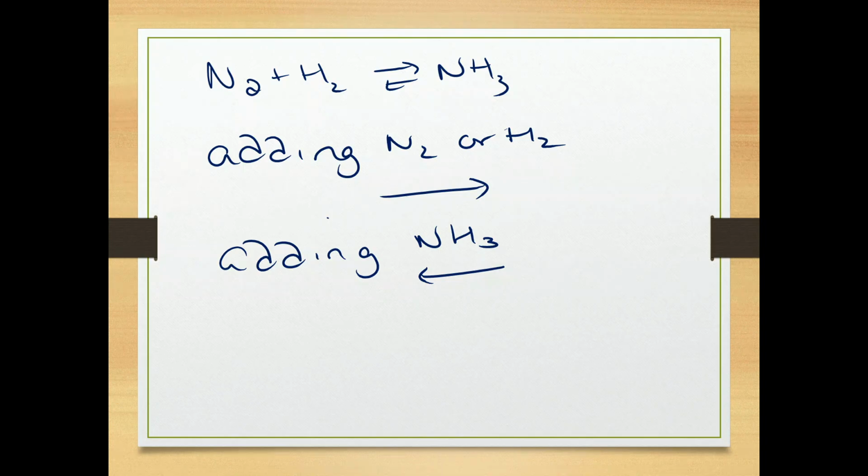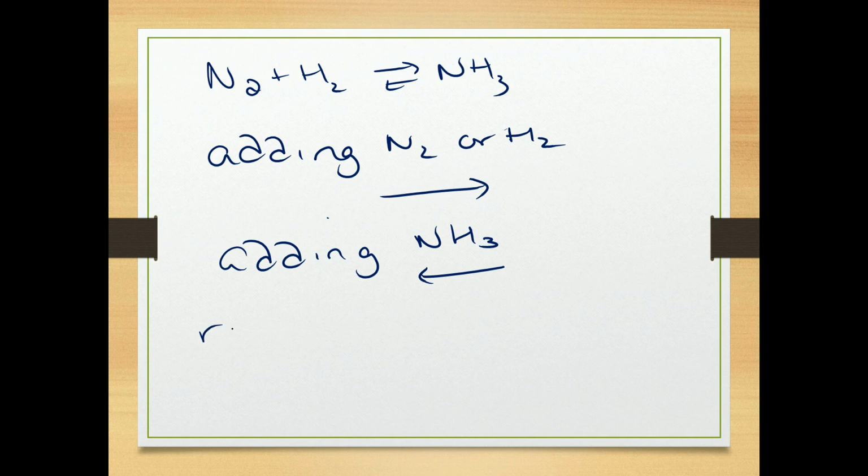Now, one way for industry to fix the Haber process is to just keep dumping more into it. It works. But at the same time they're doing that, they also remove the NH3 that's there. Because anytime I remove something, it needs to shift to fill in that hole.